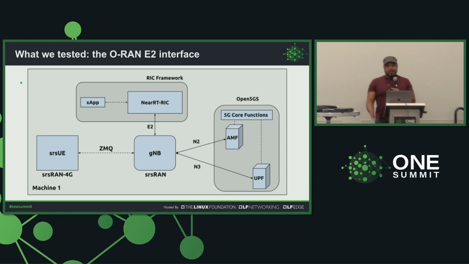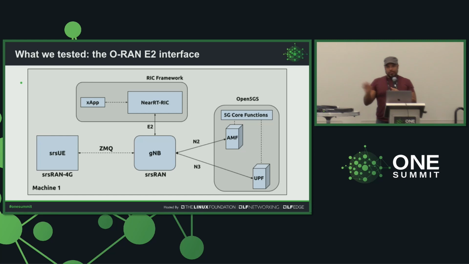So let's talk a little about the E2 interface. There are two things to think about. You have the E2AP, which is one designation, and there's a protocol in there called the SCTP protocol that runs.